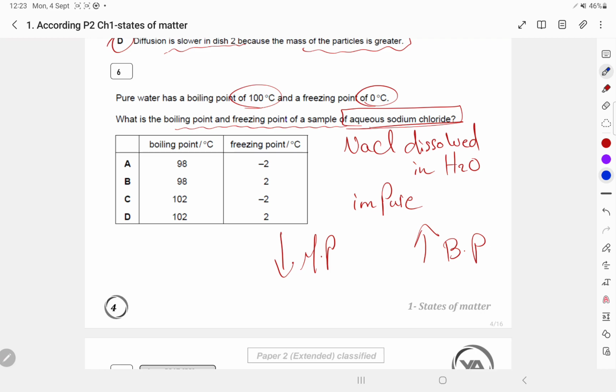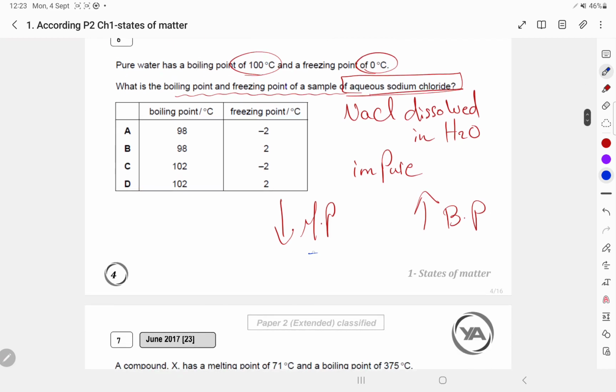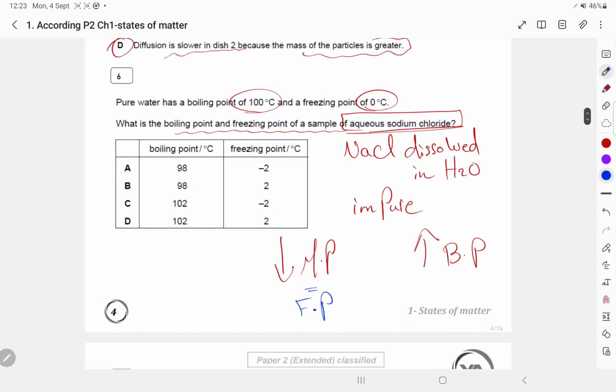And something which is really important, the melting point is the same as the freezing point. Any substance melts or freezes at the same temperature. So the freezing point will be below 0, which means -2. But the boiling point will be higher than 100, which is 102. So the answer is C.